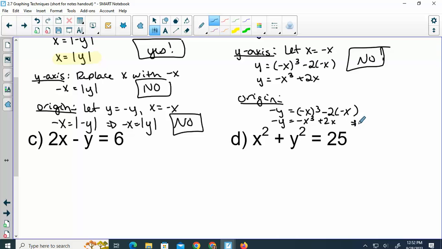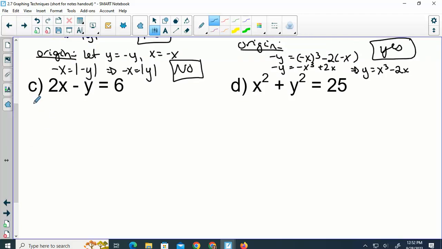I could divide by negative 1 on both sides, and that gives me a positive y equals positive x cubed minus 2x. Is that what we started with? Yep. So this one is symmetric to the origin only. Okay. So far, so good? Why don't you guys take a second and check the next one?